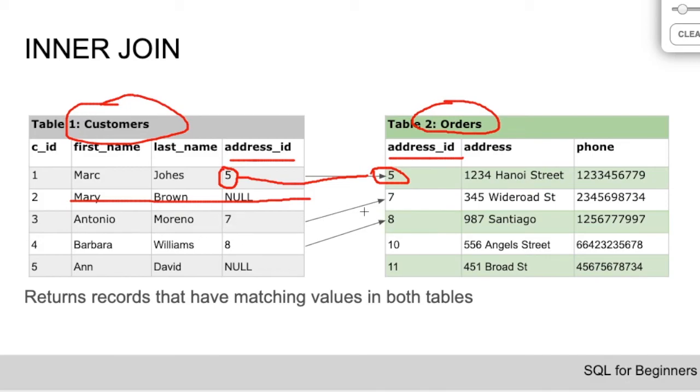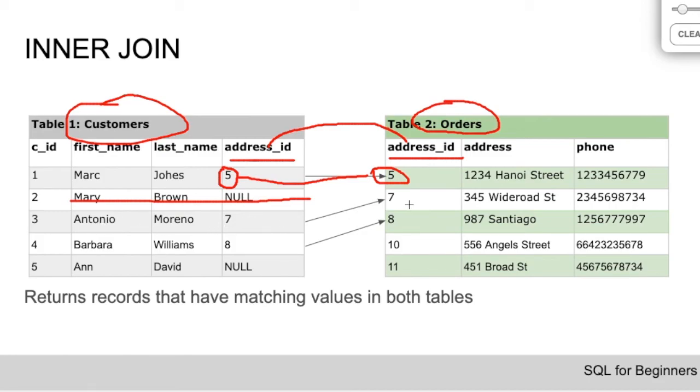I'm going to table number 2 and looking for the number 7 under the address ID, which is the foreign key. So these two columns are crucial in order to join two tables. If we don't have primary and foreign keys, we are not able to join them because we just can't match them without any keys.